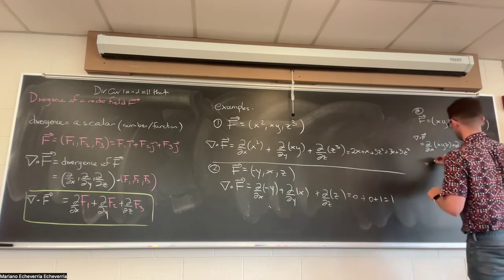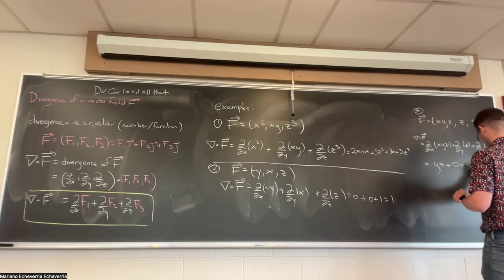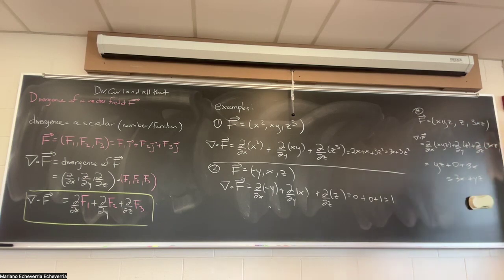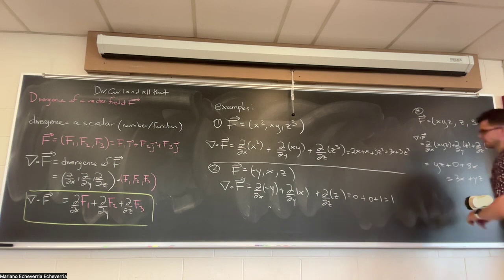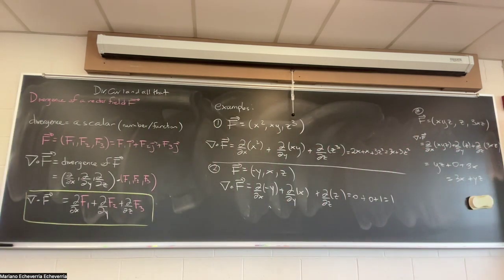So you get yz plus 0 plus 3x, if you prefer to write it. Okay, so again, you take the corresponding partial derivative of each entry and then you add them up.